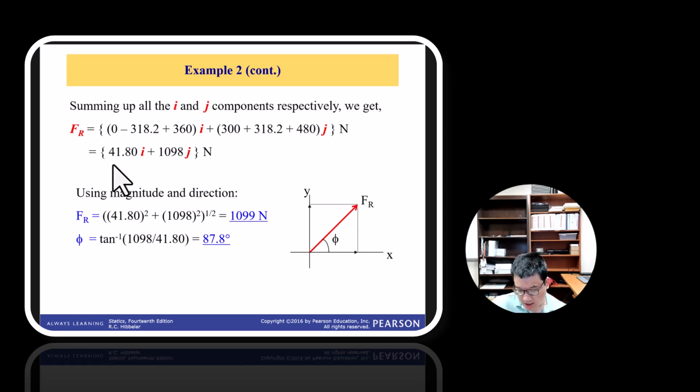And what's the angle between FR and the x-axis? It will be the inverse tangent of Fy over Fx, which is 1098 over 41.8. So the answer will be 87.8.